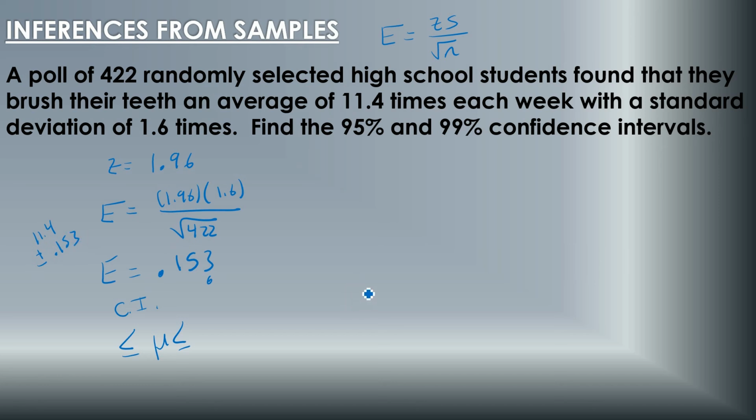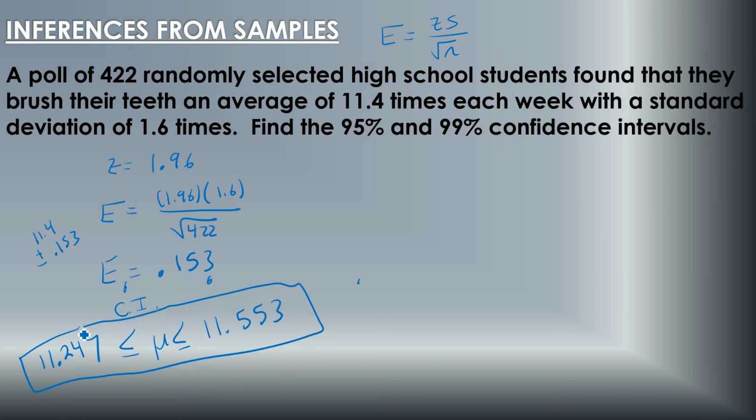So on the larger end, I'm going to have 11.553, and on the shorter end of that, I'm going to have 11.247. So there's my 95% confidence interval.